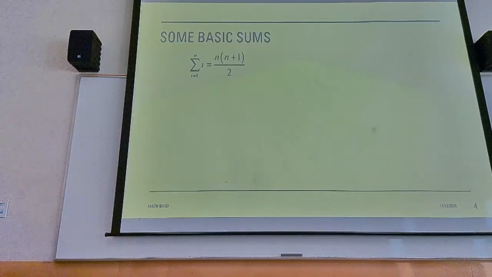That's extremely useful. I could thus ask you for the sum of the first 1,000 integers. 1,000 times 1,001 all over 2 is that sum. And so 500 times 1,001.